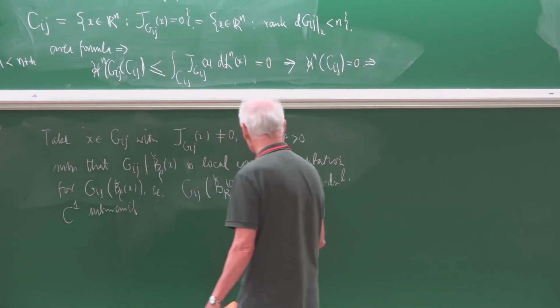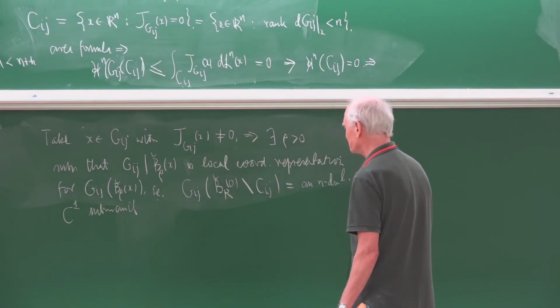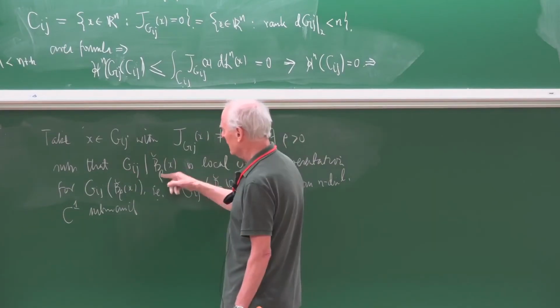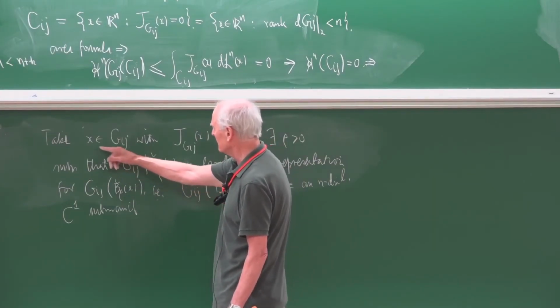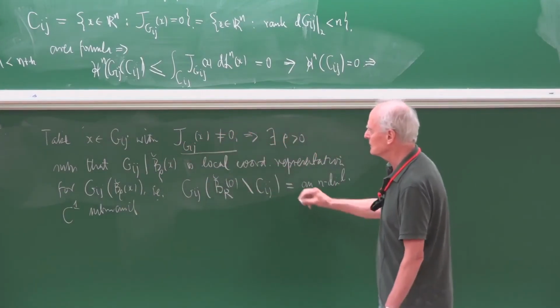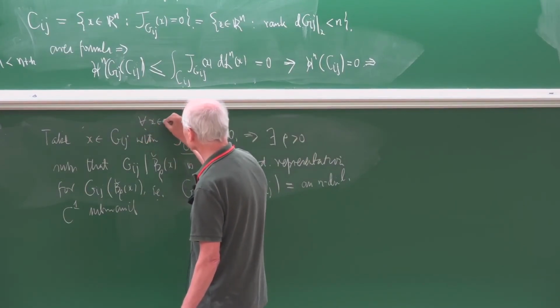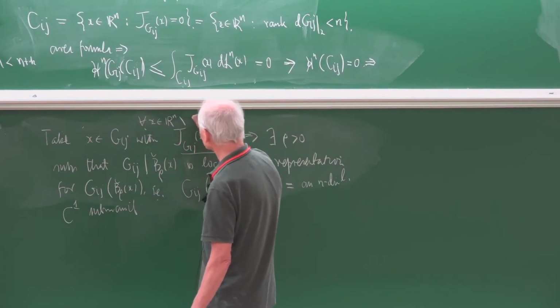Oh, sorry, not equal to, let me say it this way. So we can do this in the neighborhood of each point of R^n minus Cij. So this is for every x in R^n minus Cij.